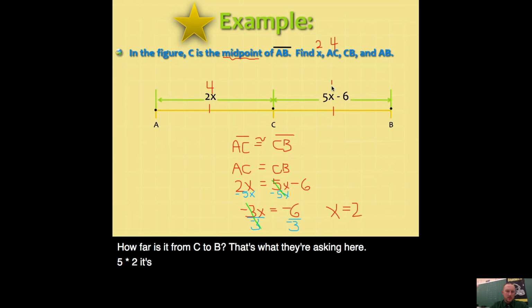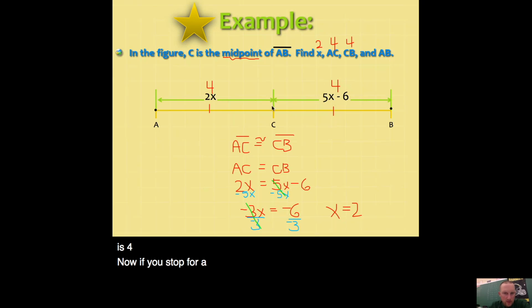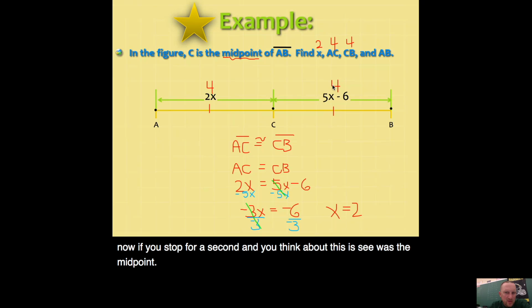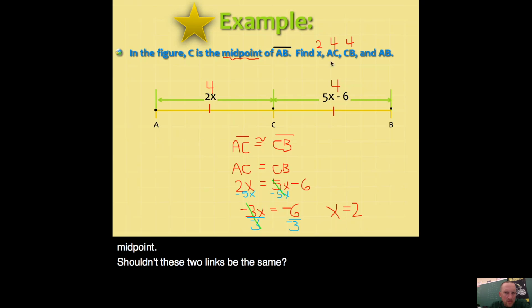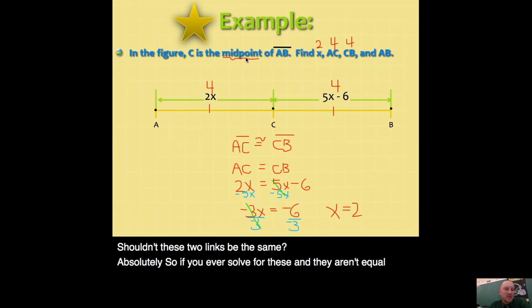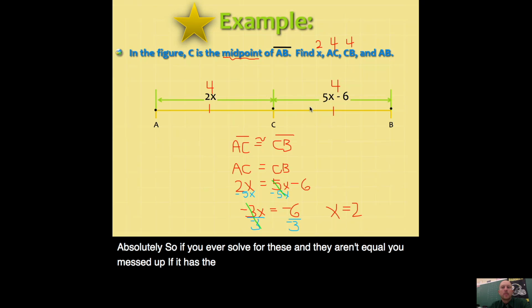Minus 6 is 4. Now, if you stop for a second and think about this, if C was the midpoint, shouldn't these two lengths be the same? Absolutely. So if you ever solve for these and they aren't equal, you know you messed up if it has the word midpoint in there.